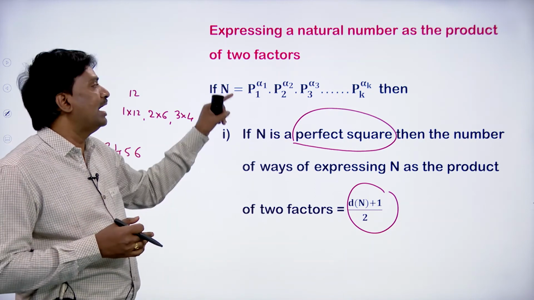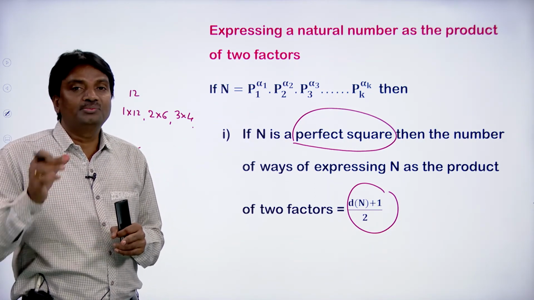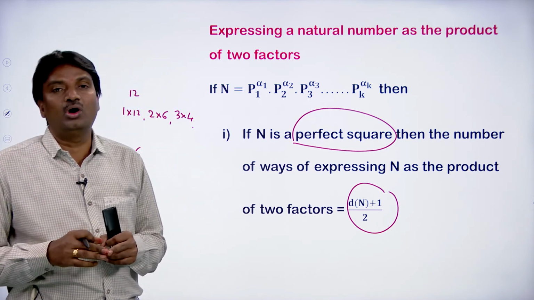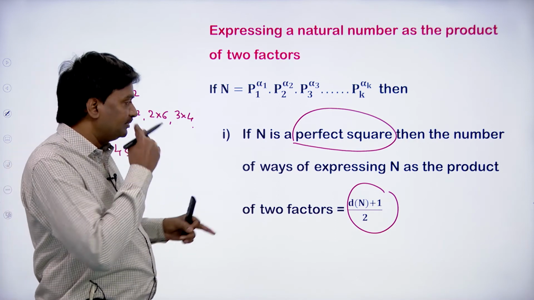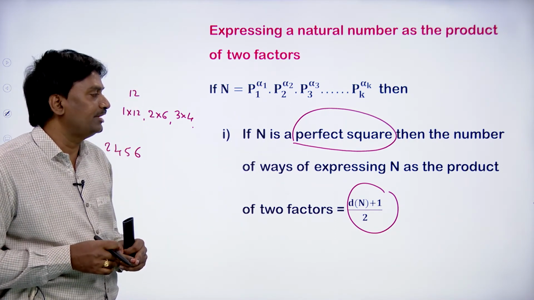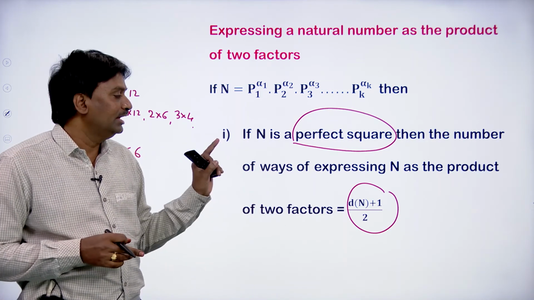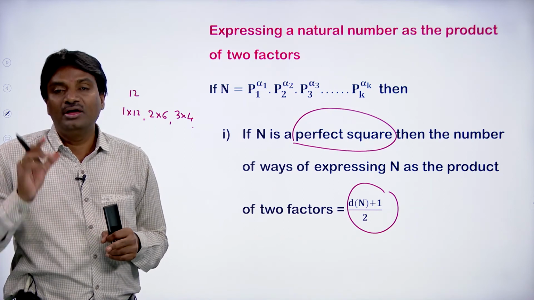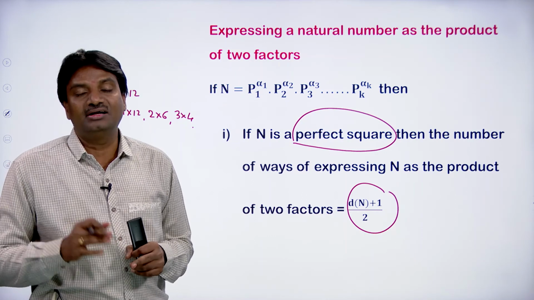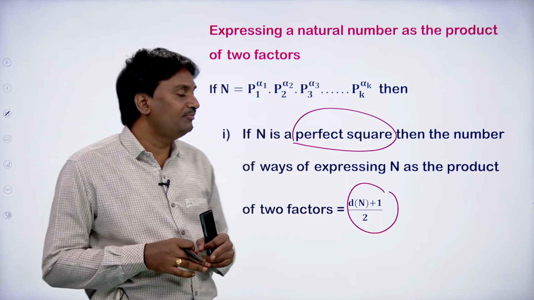After getting the values of alpha 1, alpha 2, alpha 3, and so on up to alpha k, substitute them in (alpha 1 plus 1) into (alpha 2 plus 1) into so on (alpha k plus 1). So d(n) represents the number of divisors of n.